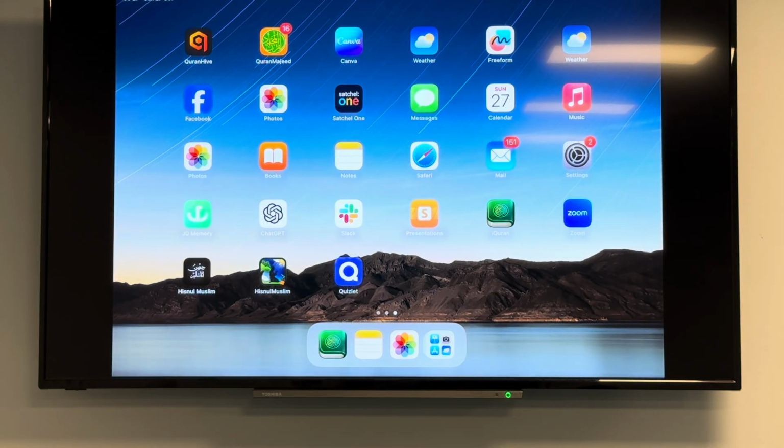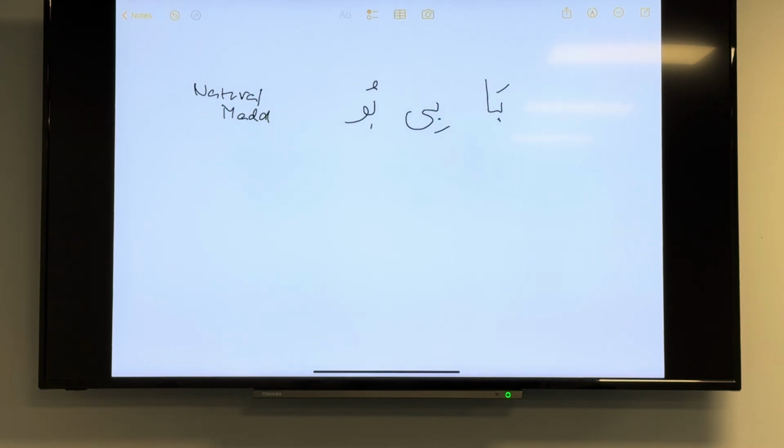By the way, did we discuss the rule of shadda? Do we know what shadda is? Replacement of double letters. Remember we discussed this one. In English, we can write double letters, not a problem.